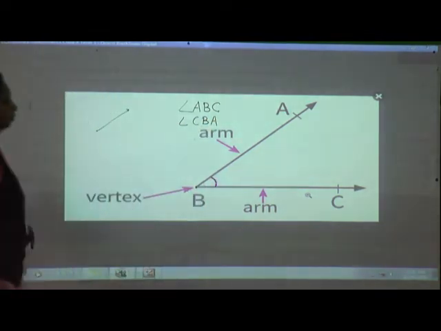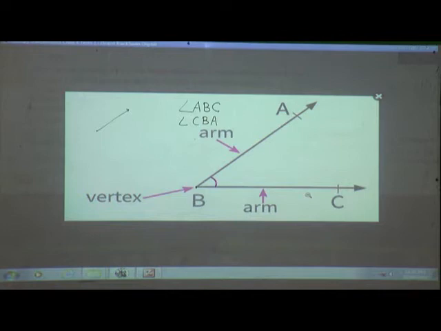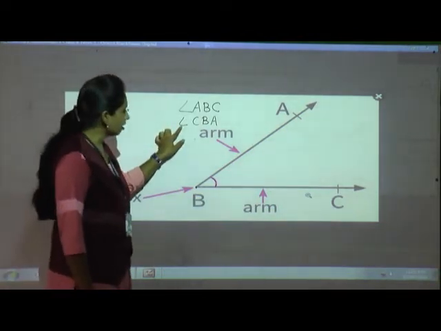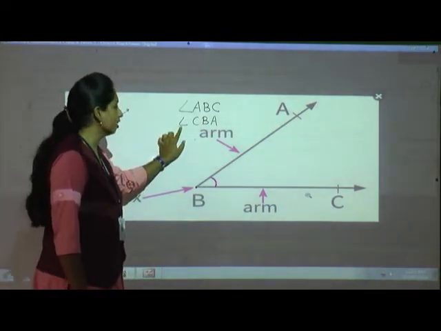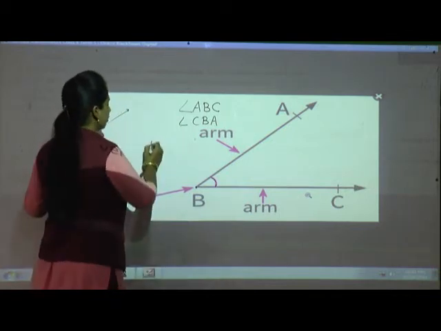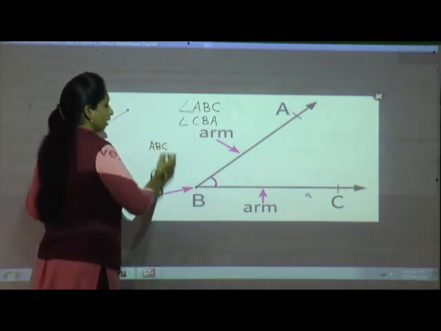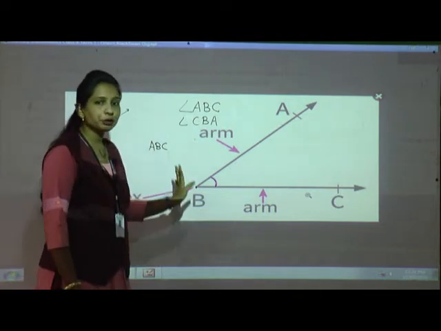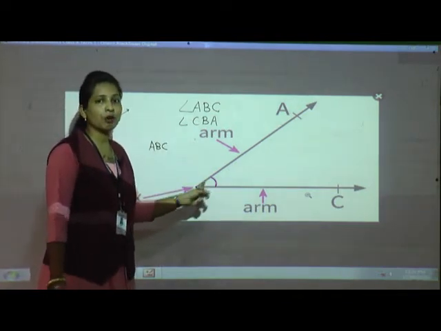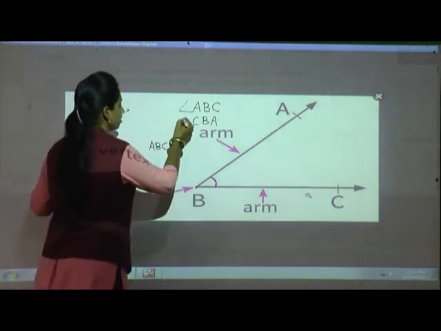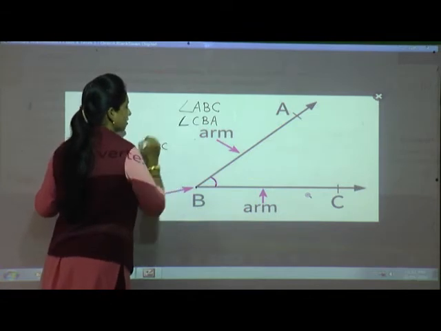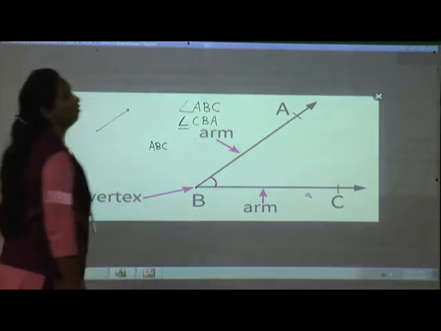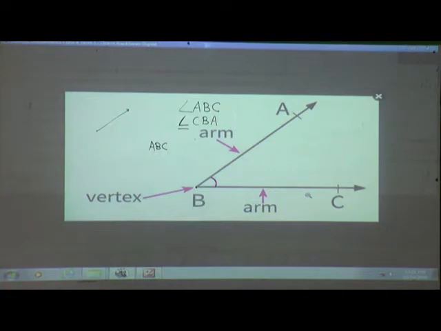Angle ABC and angle CBA. This is the symbol to represent the angle. If you write only ABC, it is also okay, but if you want to show that you are writing the name of an angle, you have to use this angle symbol.